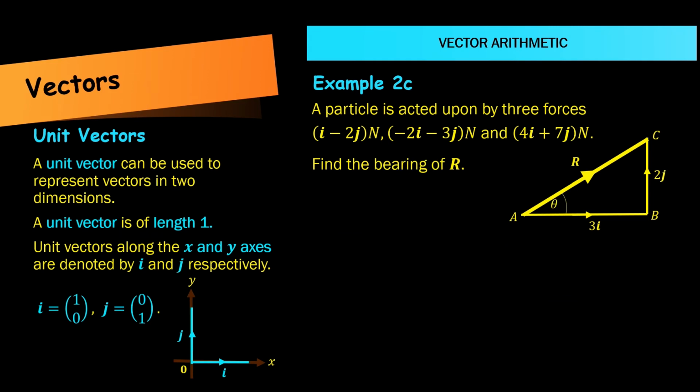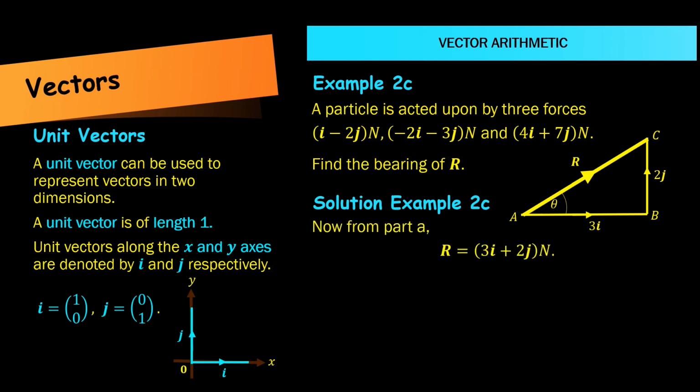And now let's have a go at part c. We are required to find the bearing of R. So let's solve this. From part a, we have that R equals (3i + 2j) newtons. Therefore, we have that tan theta equals 2 over 3, opposite over adjacent.